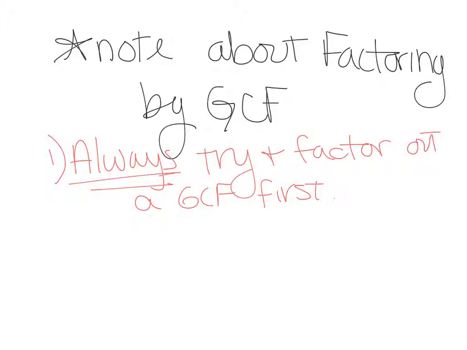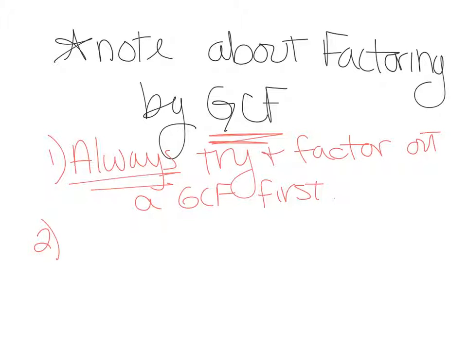We're going to learn some more complex ways of factoring, and you might be able to use those afterwards or instead of greatest common factor. But if there is a greatest common factor, it's going to be helpful for you to take that out at the beginning.